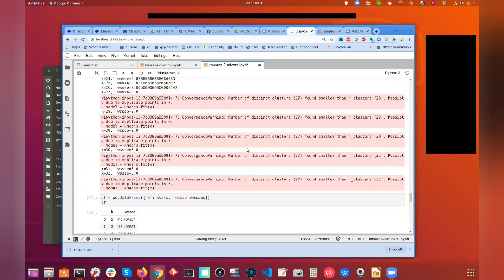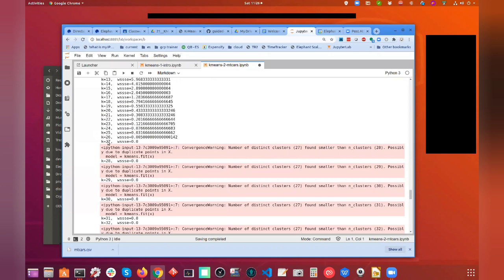The reason it's complaining about 0 is that we only have 32 data points. As you approach 32, the error goes to 0 because you're clustering the data into itself.